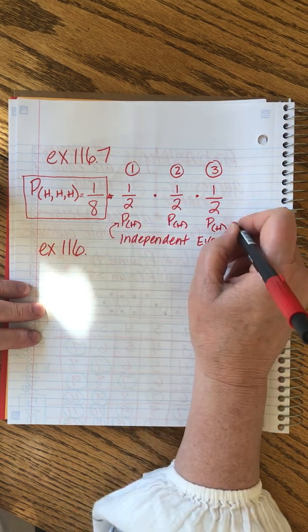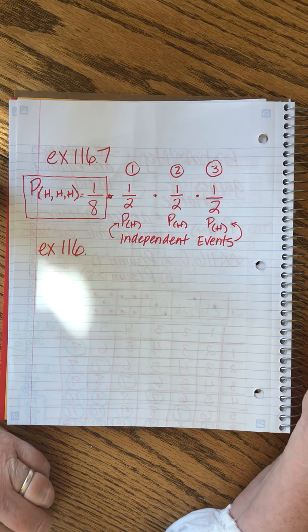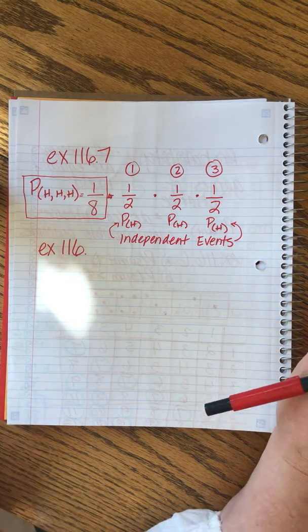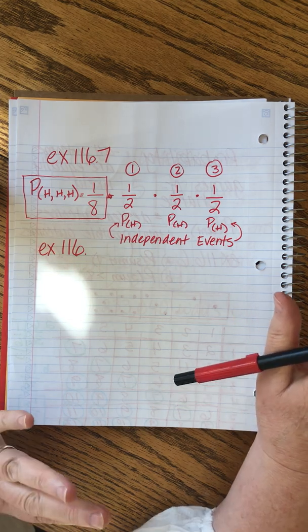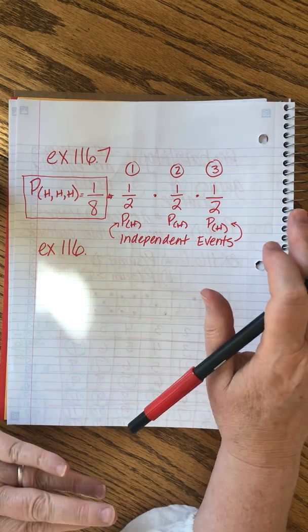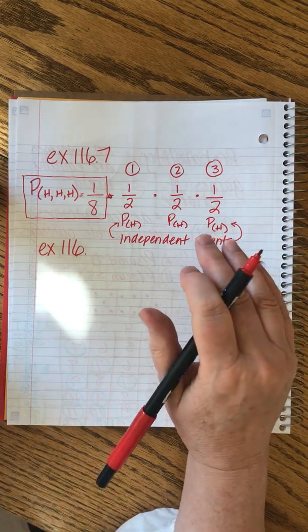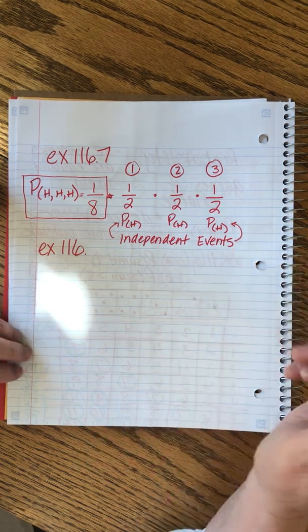It doesn't matter what you flipped in the past. That is the nature of probability and game theory, is that each time you flip the coin or roll the dice, it's an independent event, and it doesn't matter what's happened in the past. The odds are completely the same.